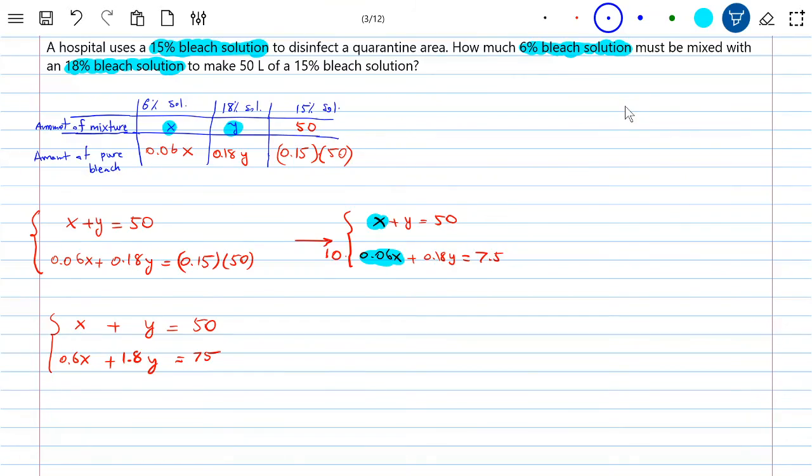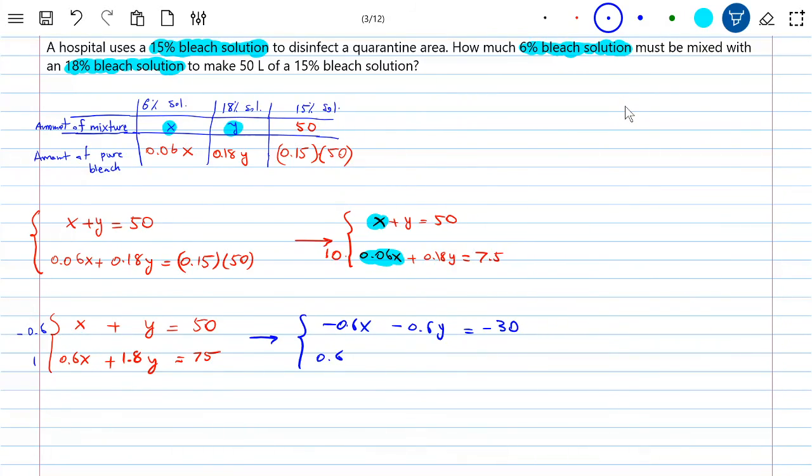But now I can multiply the first equation by maybe negative 0.6 and the second equation by 1, just to make sure the coefficients are the same. So what do you get? You get negative 0.6x minus 0.6y equals negative 0.6 times 50, that is negative 30.